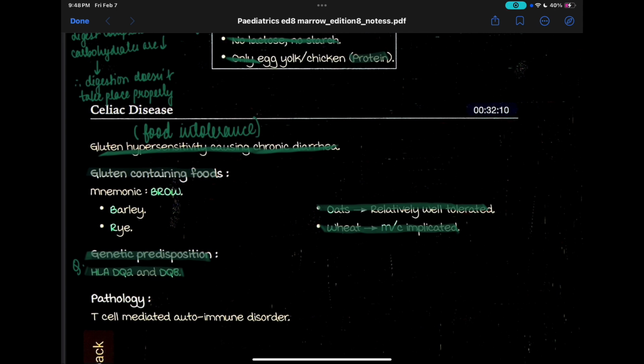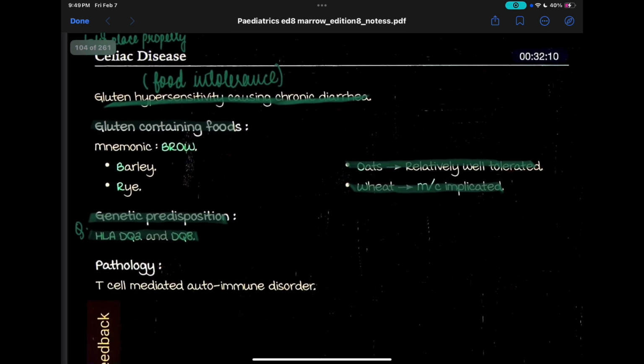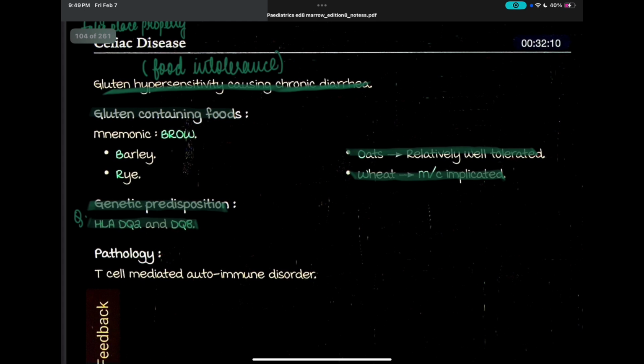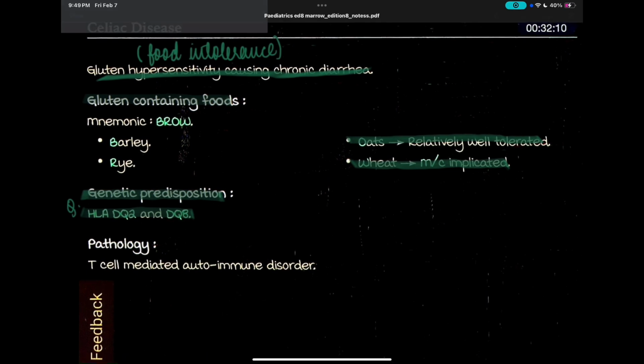The mnemonic is BROW. B for barley, R for rye, O for oats, W for wheat. Oats are relatively well tolerated, and wheat is most commonly implicated.